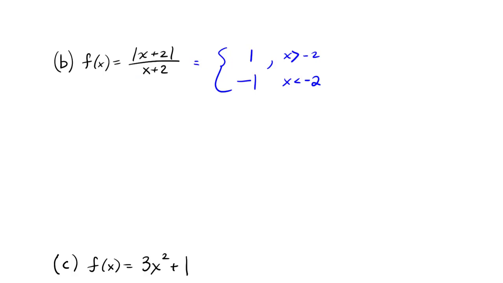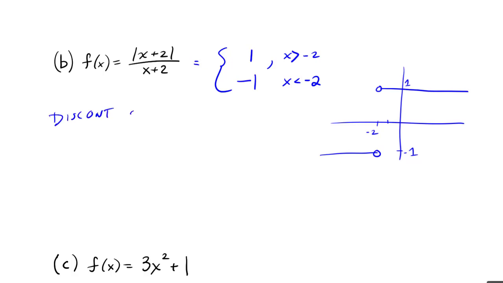All right. This is one of those classic examples of the two lines not meeting up. So at -2, this value is 1 there, and this is -1. I have this situation. Okay, and so what we see is that we definitely have a discontinuity at x equals -2.